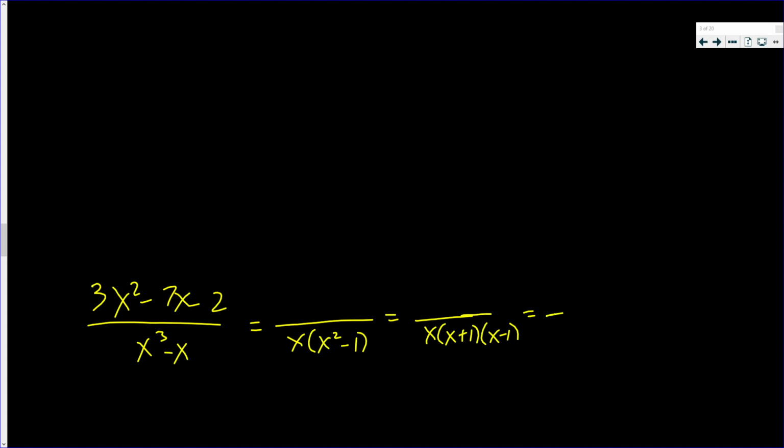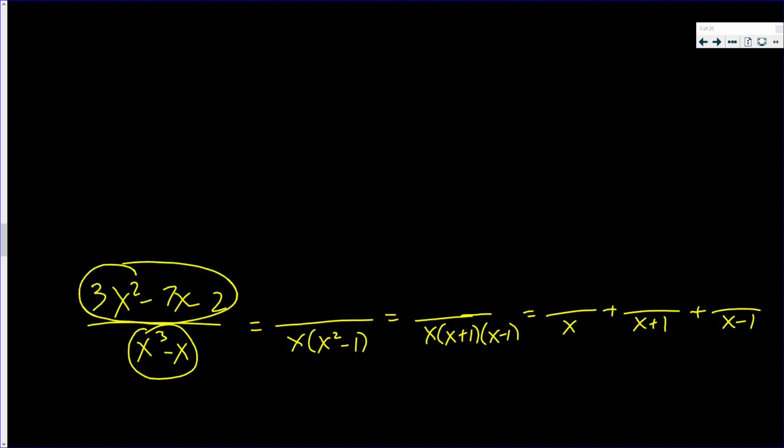So then it's going to be something over x plus something over x plus 1 plus something over x minus 1. Now before we go any further, notice that the degree of the bottom, 3, was larger than the degree of the top, which was 2. Okay. Since each of these bottoms happen to all be linear, I'm going to put constants.